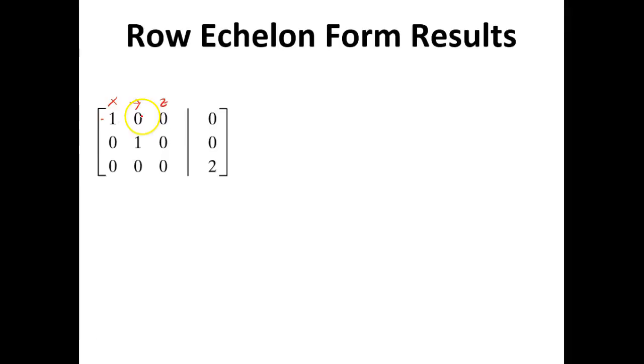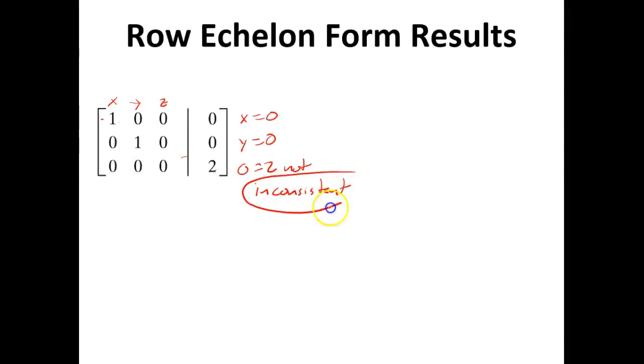So what this tells us is the x is going to be 0. This one here is the y. The y is going to equal 0. But what does this tell us? This tells us there are 0 z's. So this is saying 0 is equal to 2. Not true. What this means, when we get something like this that is not true, is that the system is inconsistent.